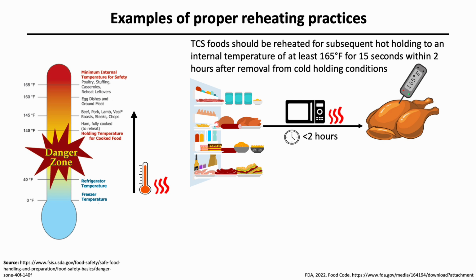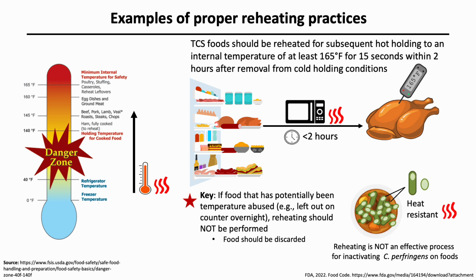Similarly, when reheating TCS foods that were previously cold held, for example in refrigeration units, it is important to ensure that the food is reheated to an internal temperature of 165 Fahrenheit for at least 15 seconds within 2 hours after it was removed from cold holding conditions.